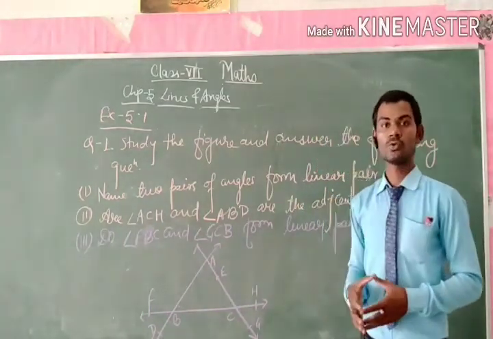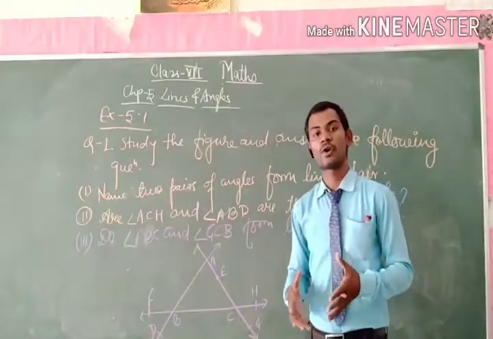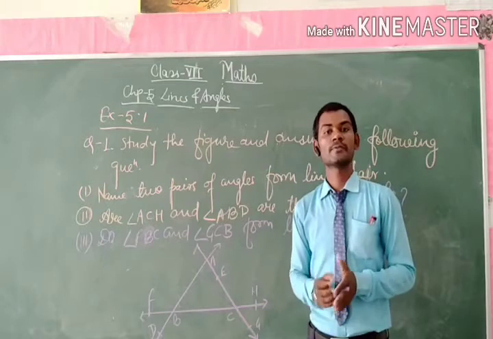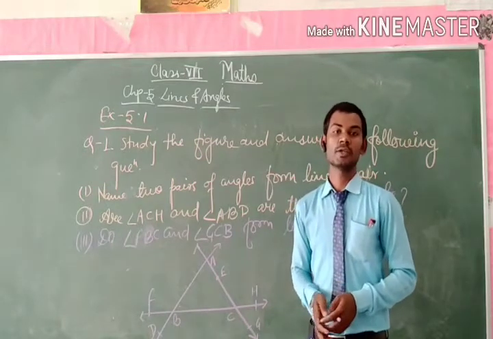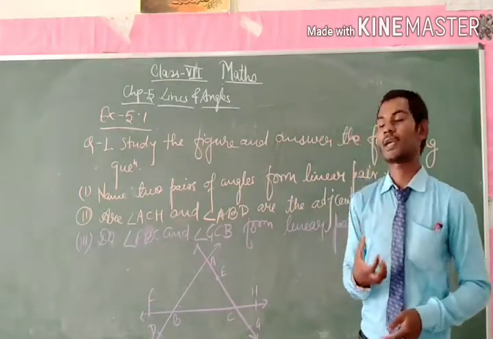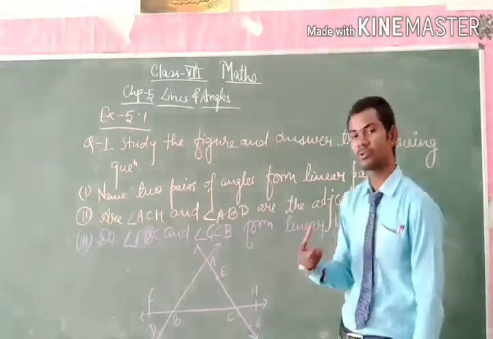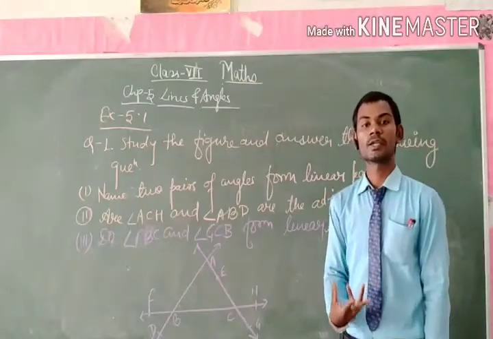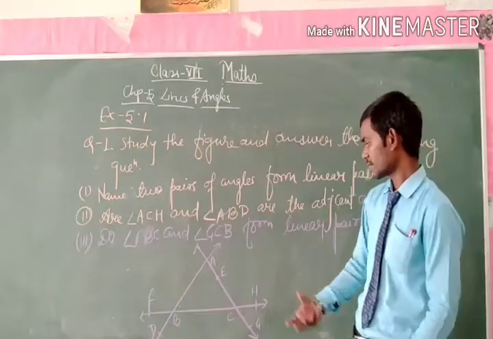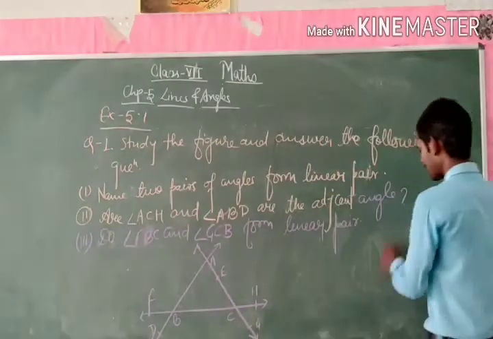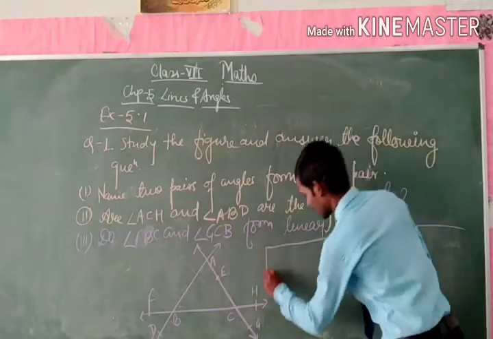Two angles are said to form a linear pair if they have a common arm as well as a common point, common vertex. So in this figure we have to find two pairs of linear pair. So let us start finding and we shall write our answer here.